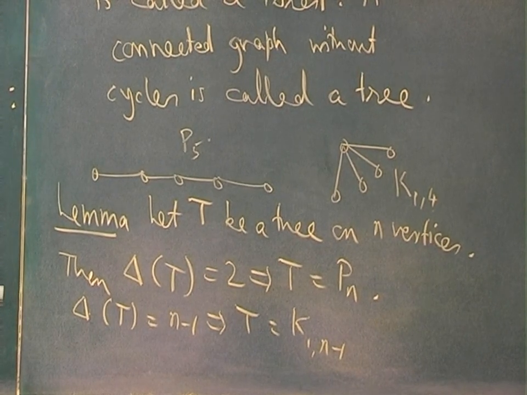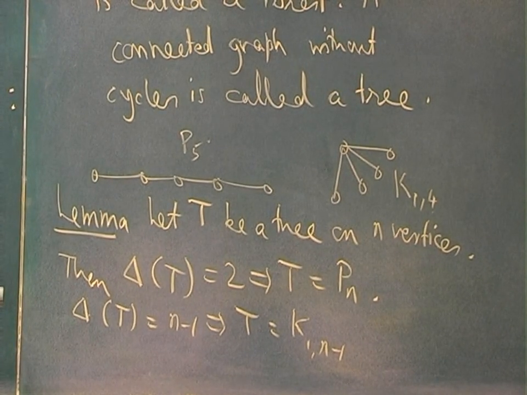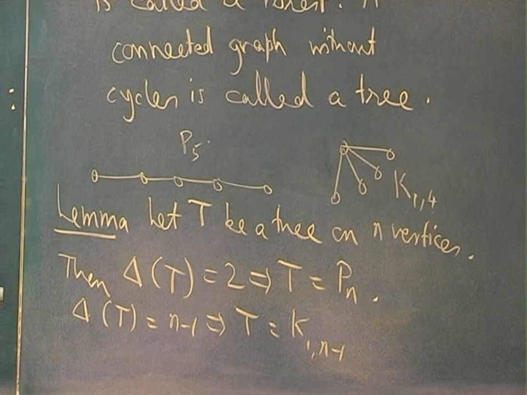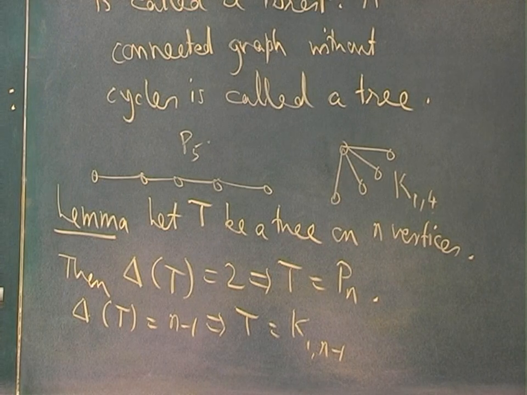In some sense, paths and stars exhibit the two opposite phenomena. Combinatorially, they exhibit two opposite phenomena in the world of trees. They are extremities in the set of all the trees.